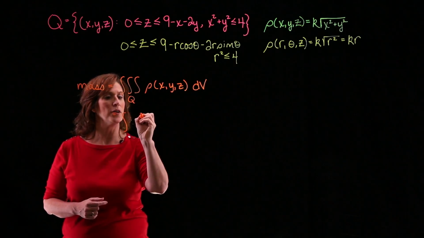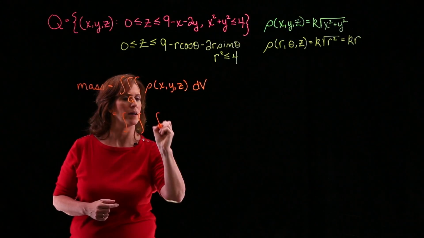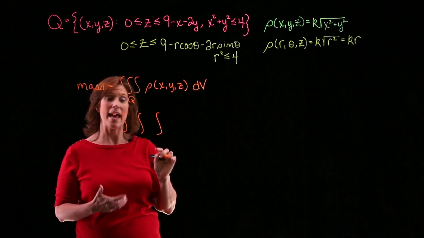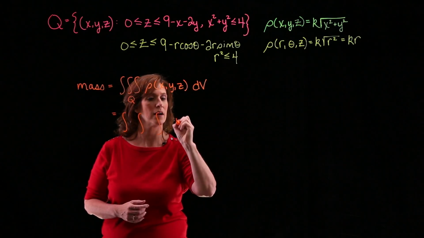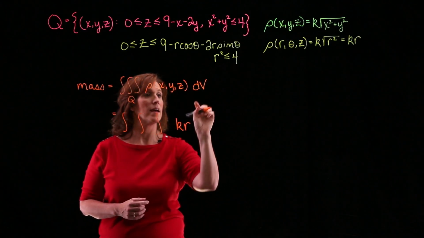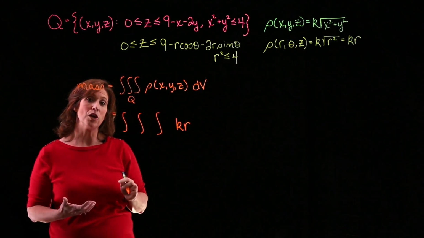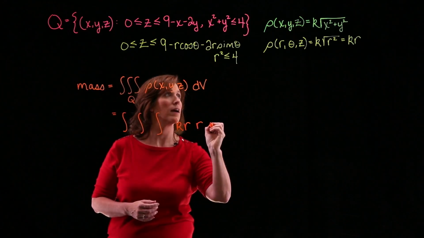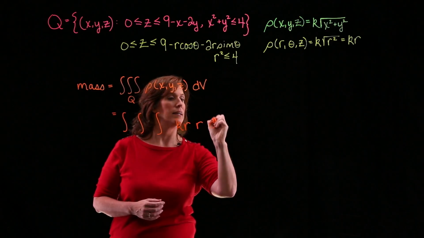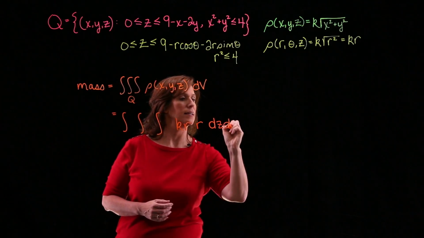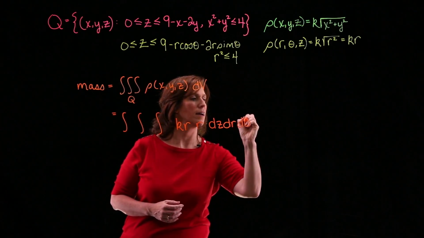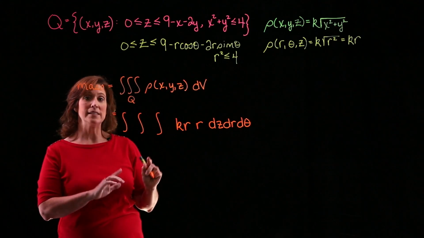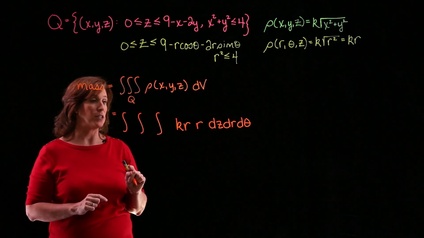So it's still going to be a triple integral. My density function is going to be k times r. But dV, if I'm looking at it in cylindrical coordinates, is going to be r times dz, dr, d theta.